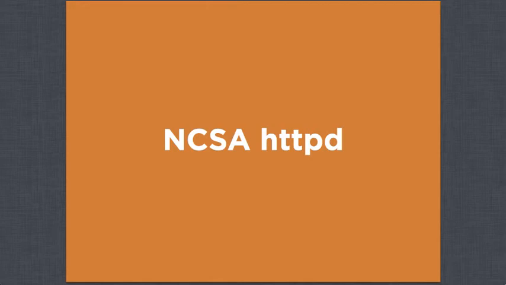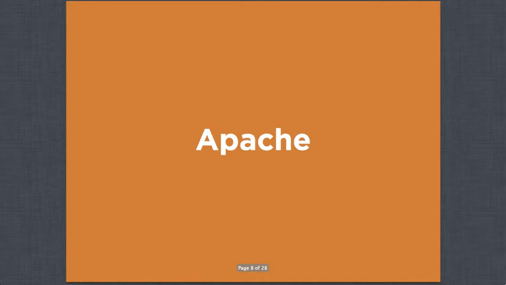This went on until about 1997 or 1998, and NCSA around that time released their final version, and a lot of that code base moved on to what we now know as the Apache web server. The Apache web server is really the grown-up version of the NCSA HTTPD server, and it remains today one of the most popular web servers.